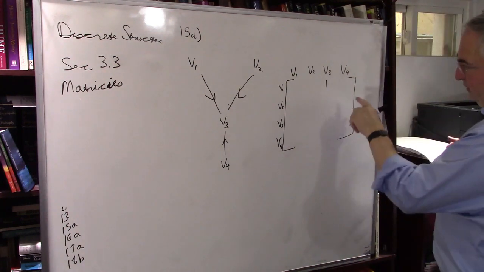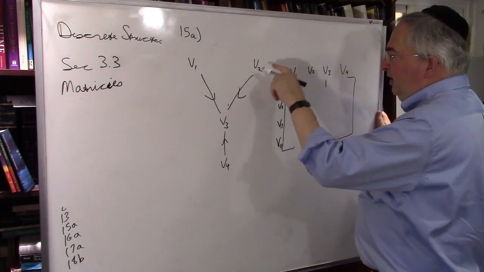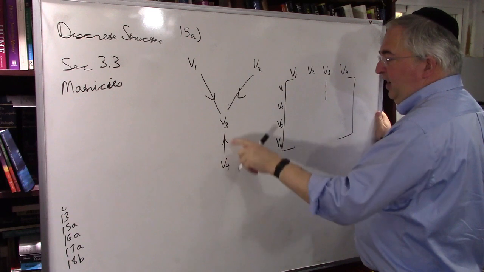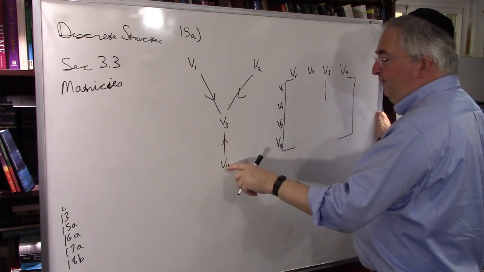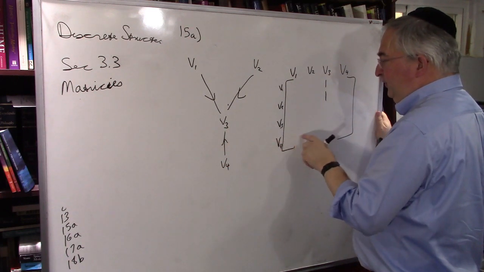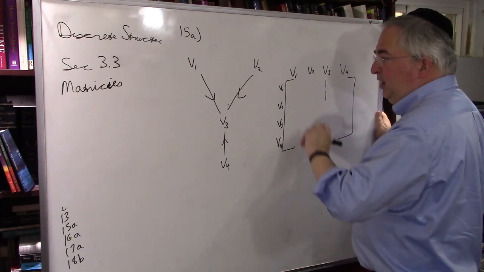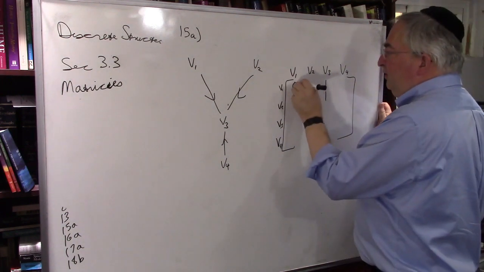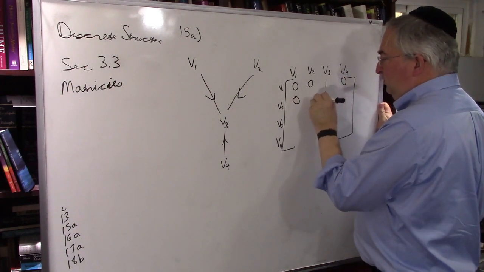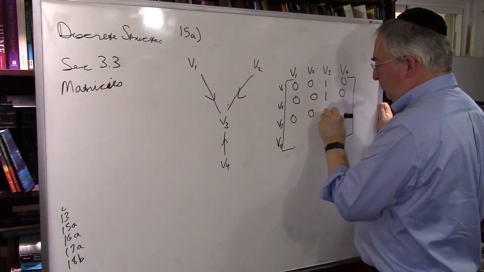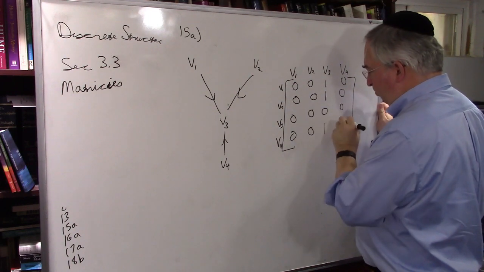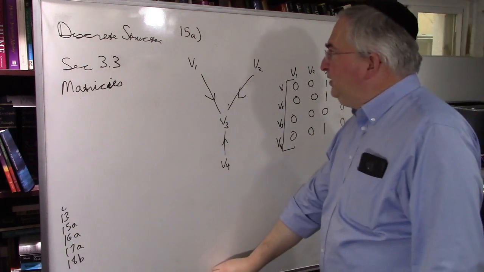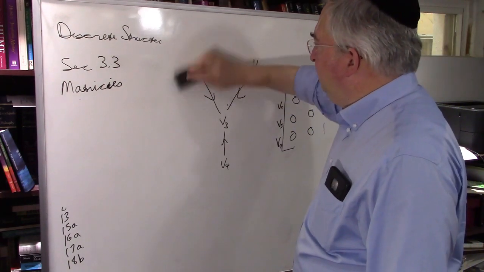There's an arrow from 2 to 3, so that's like that. There's an arrow from 4 to 3. So that, okay? There are no other arrows. So all the other entries are 0. And that's it. That's 15A. Great. Now let's do 16.